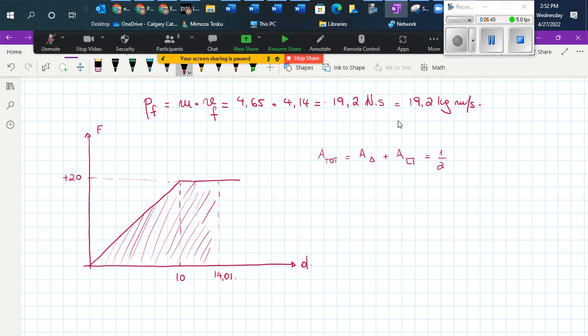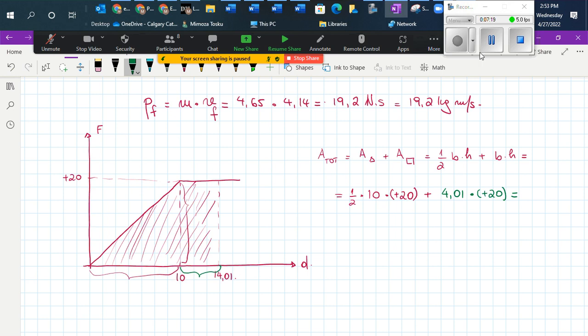The area of the triangle is 1/2 base times height, and the area of the rectangle is base times height. So for the triangle, base is 10, so it will be 1/2 times 10 times the height, positive 20, plus the base of the rectangle, from 10 to 14.01, which is 4.01, times positive 20.